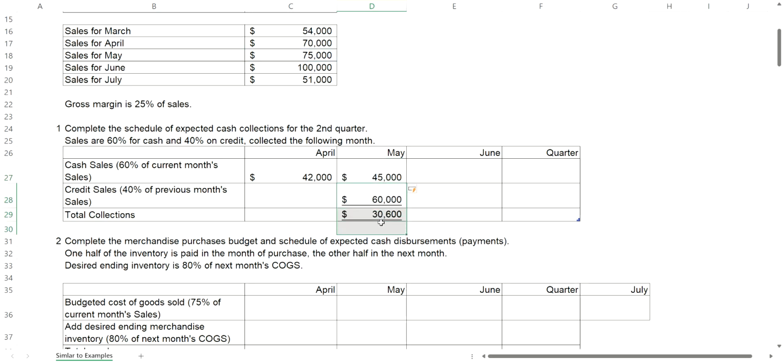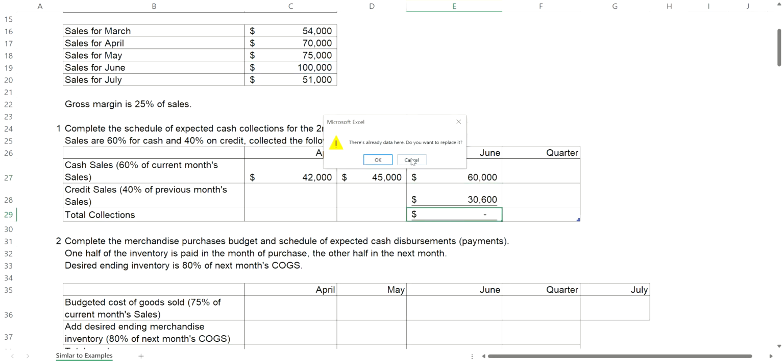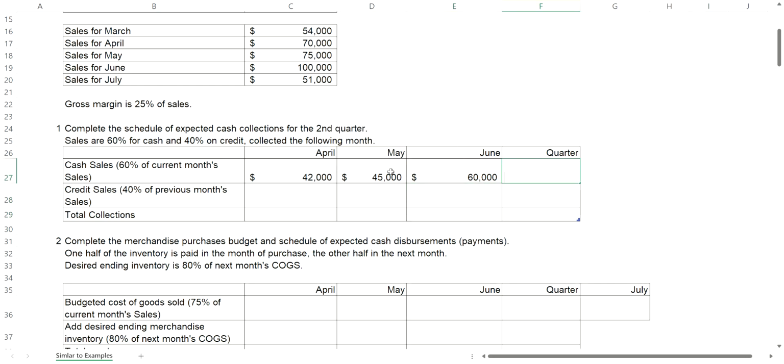That gives me $45,000. And for June, it would be 60% of June sales, which are $100,000. That gives you $60,000. Okay, I do want to go ahead and add it for the quarter, which gives you $147,000.